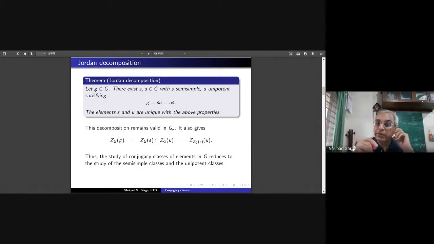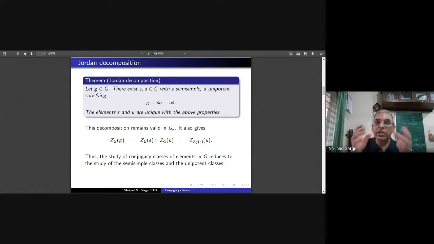Therefore, especially if you are looking at endomorphisms, that is, homomorphisms from G to G, this decomposition also remains valid. So whenever you have G sigma, the points which are fixed under sigma, in that subgroup also there is this decomposition. By that I mean that when you have g inside G sigma, then the corresponding s and u are also in G sigma.